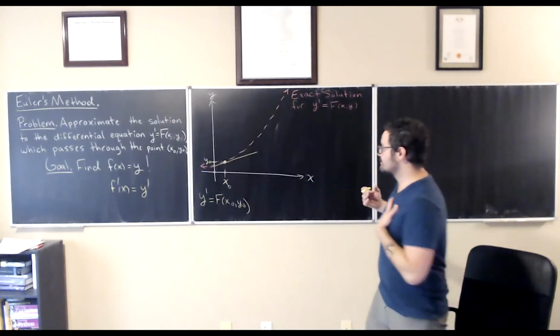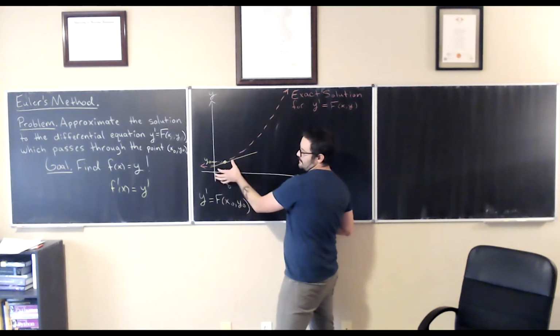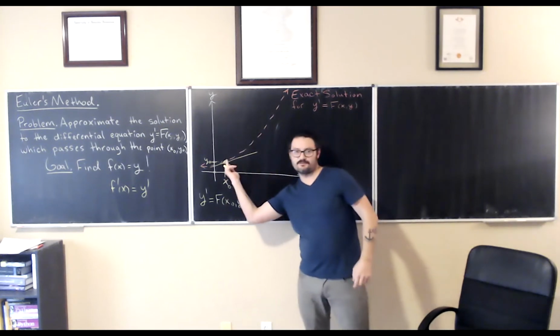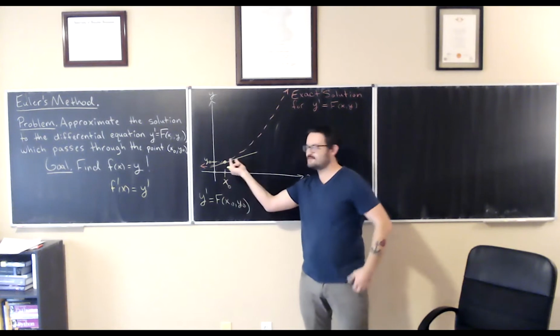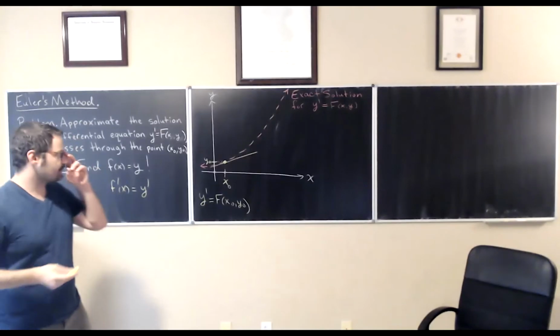So in a little interval around x naught, this line kind of behaves like this function, because the slope of this line is equal to the slope of the function at that point. So in a small interval around x naught, this line behaves like the solution.